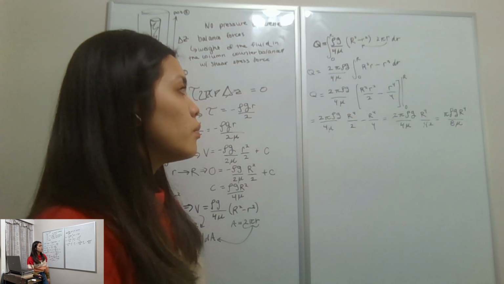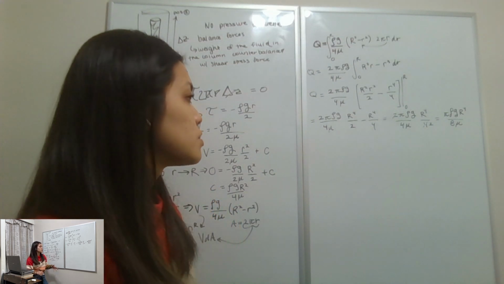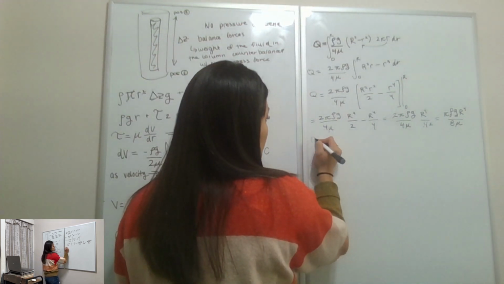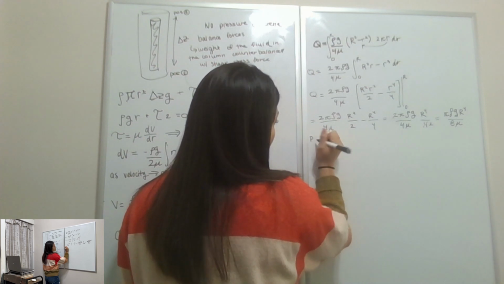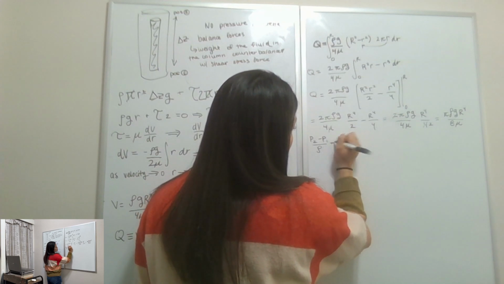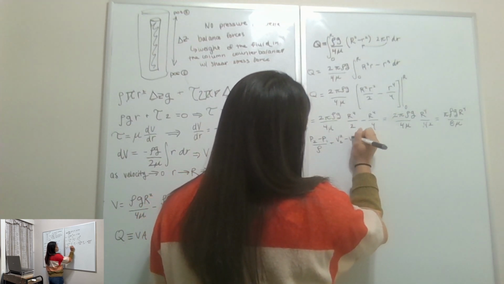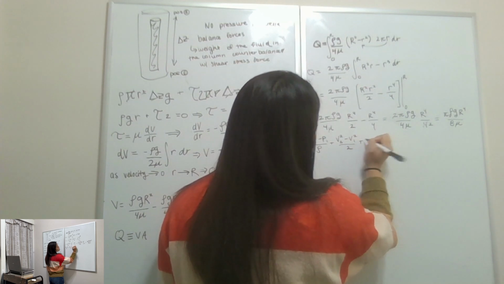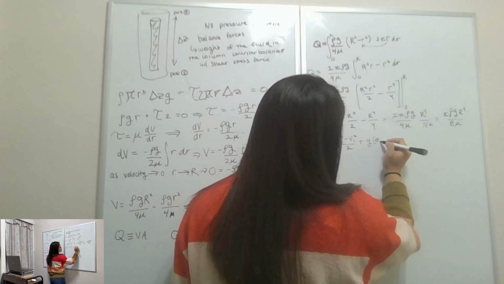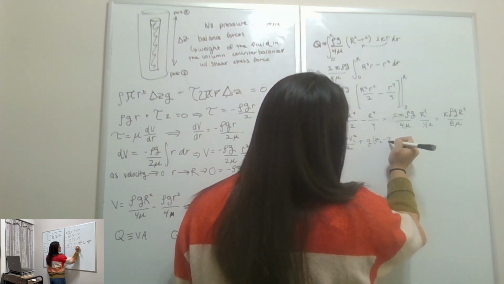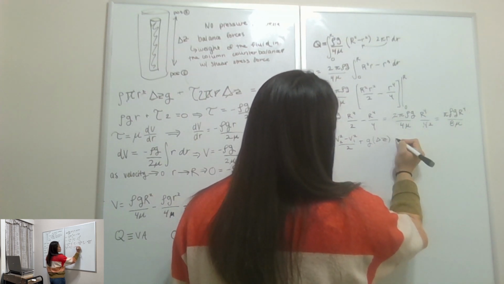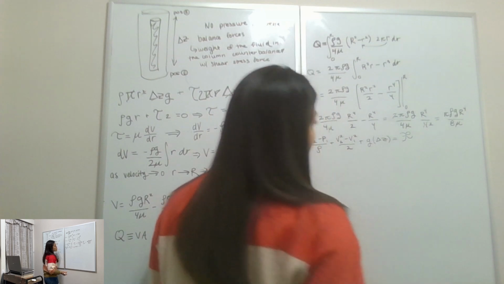And so now to relate to laminar frictional heating, we can use Bernoulli's equation, which is the pressure at position 2 minus pressure at position 1 divided by the density, plus the velocity at position 2 squared minus the velocity at position 1 squared divided by 2, plus the gravitational acceleration times the height at position 2 minus the height at position 1, which is just the difference in height, equals the frictional heating.